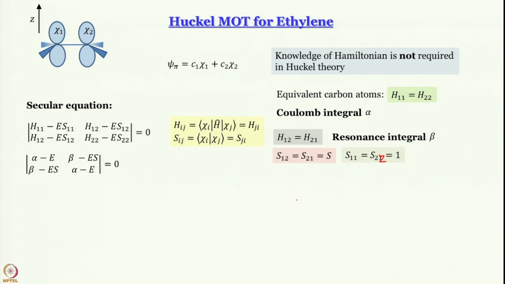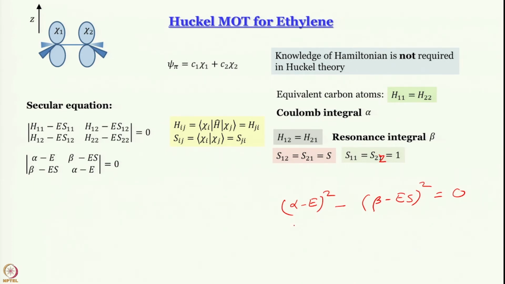What does this mean? It means alpha minus E whole square minus beta minus Es whole square is equal to 0. So, this is like x square minus y square kind of situation on the left hand side.